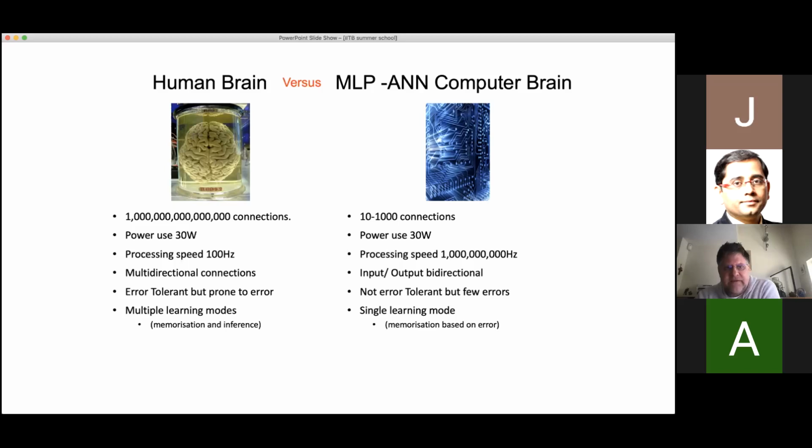There's lots of connectivity, lots of different architectures in terms of the neuronal structures in the brain. But for the computer, it's a very ordered, very structured input, output type mechanism.